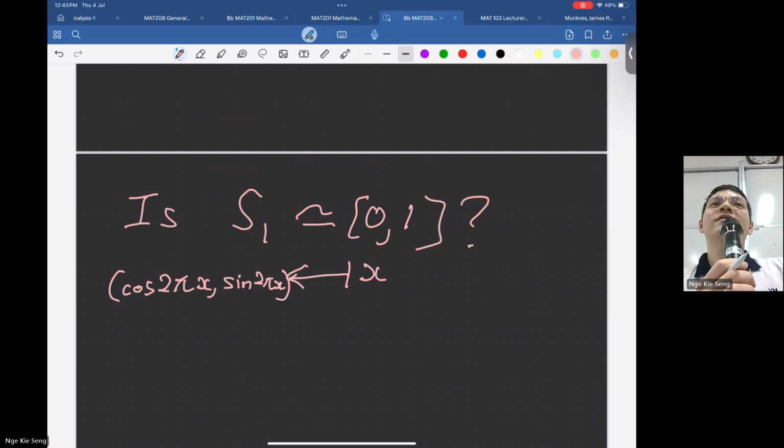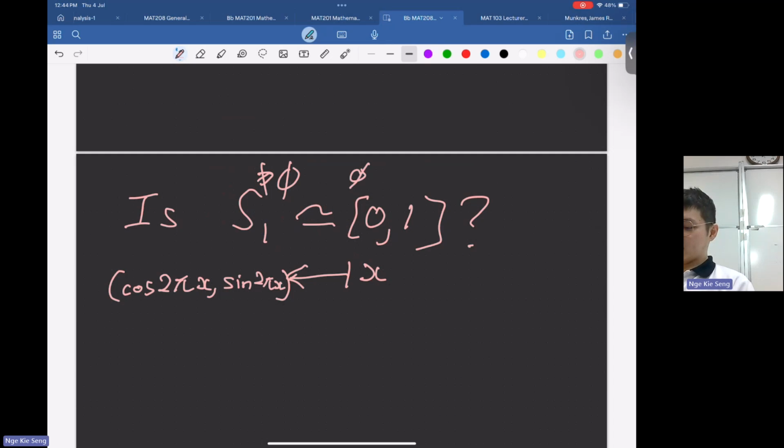Well, any idea? Send to empty set. Why send to empty? I mean, the empty set is not an element on either side.